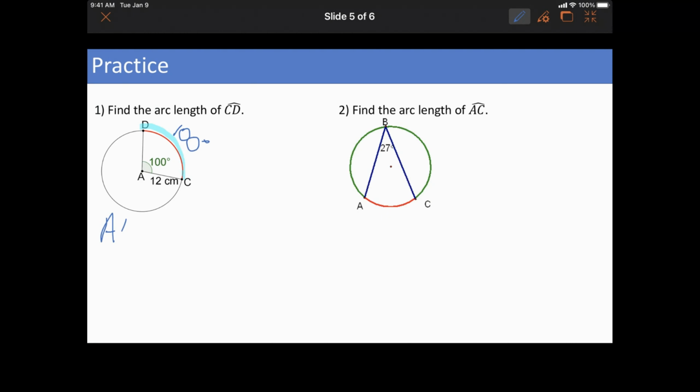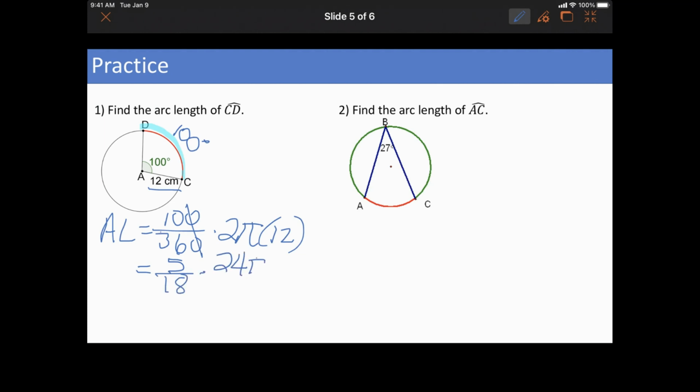So arc length equals the arc degree over 360 times 2 pi r, which is 12 centimeters. So I'm going to reduce that. 5/18 divided by 2, and then 24 pi.